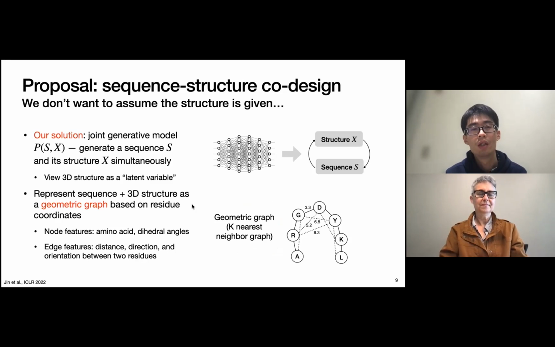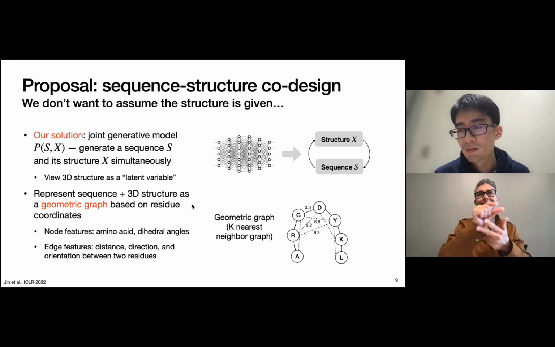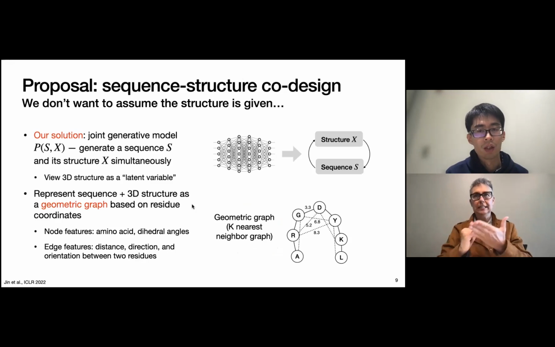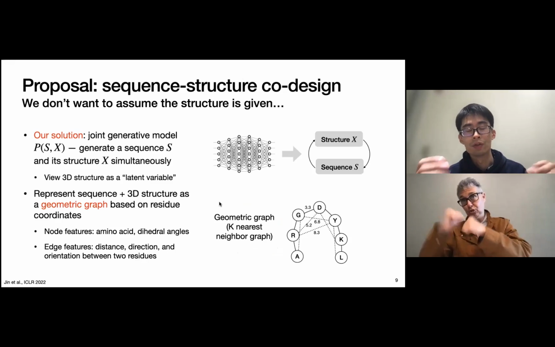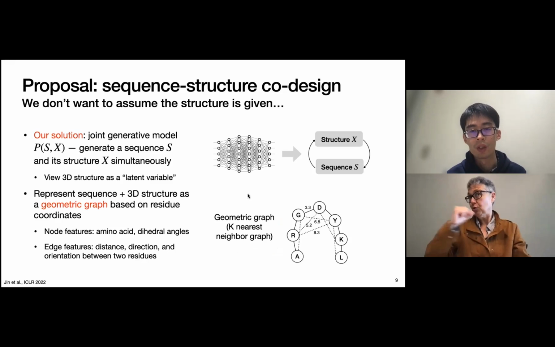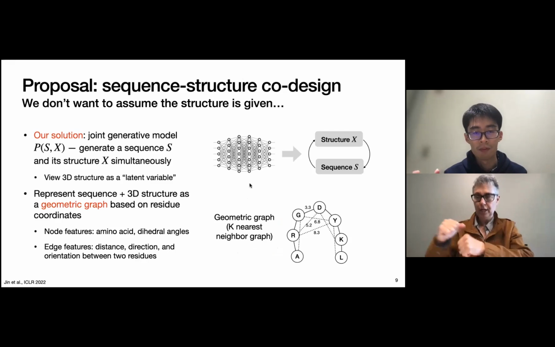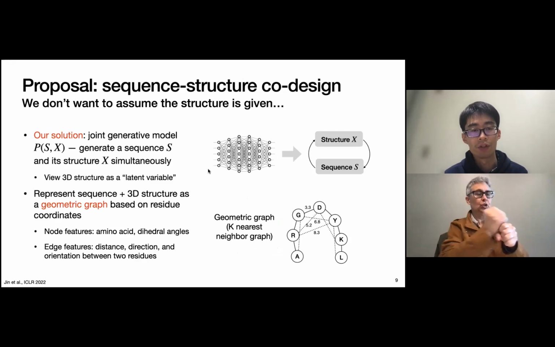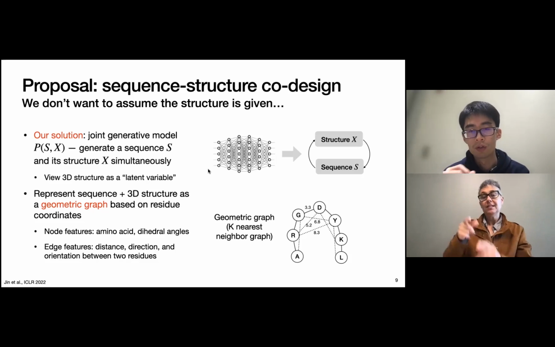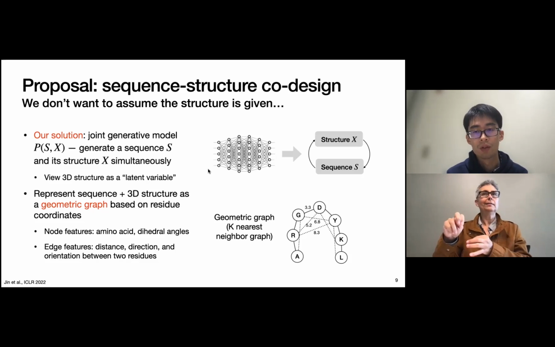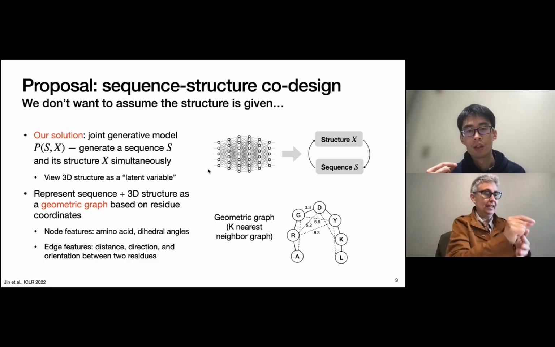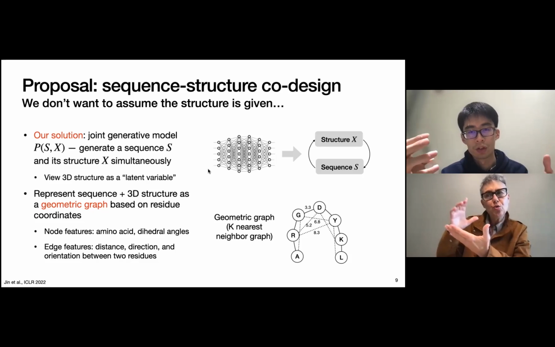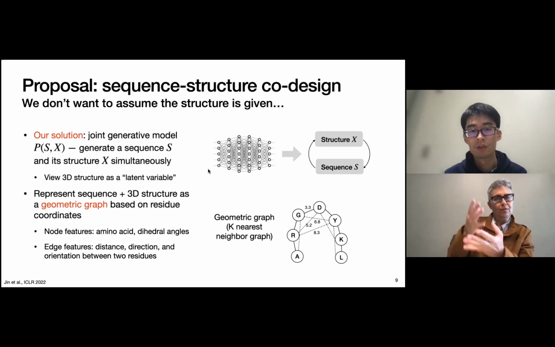This is our proposal, which is called sequence-structure co-design. Basically, we want to design a generative model over both the sequence and structure, instead of assuming that you know the structure beforehand. We want to generate the structure and the sequence at the same time. It is viewing the 3D structure as a latent variable while you're designing a sequence, and you want to leverage this latent structure information as much as possible in order to find a better sequence.